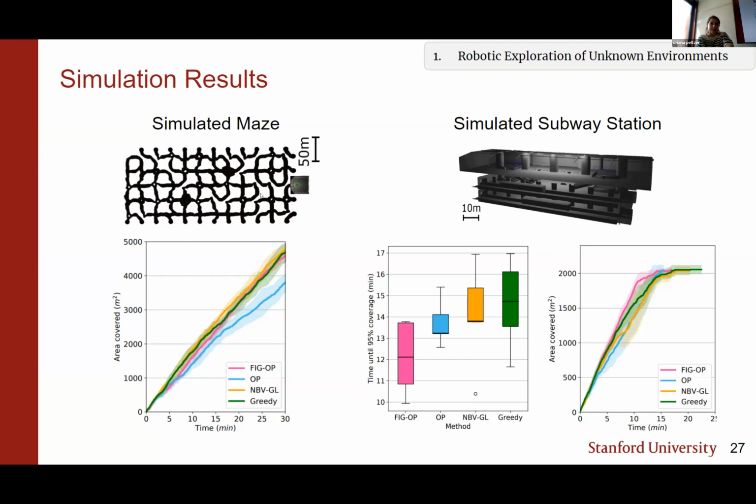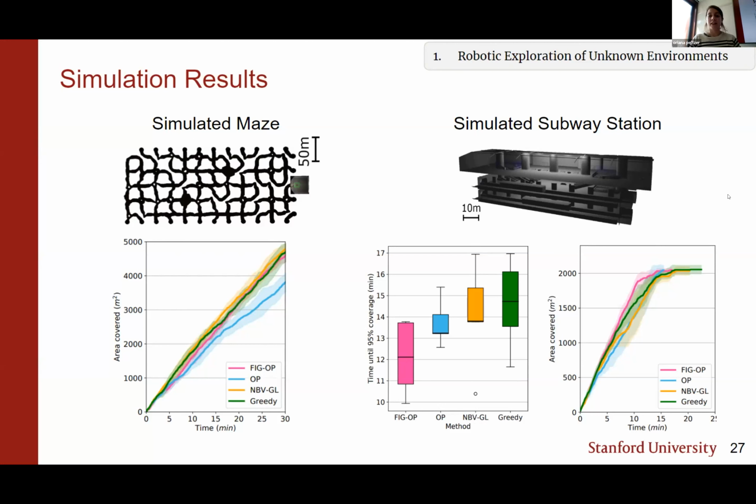The first one is the maze, which looks a lot like the cabin problem, in that generally the best thing to do is pick the closest frontier, and it's going to lead to a passage to explore. Consistently with this, all of the methods that have some greedy component perform similarly here, but the performance of orienteering drops.